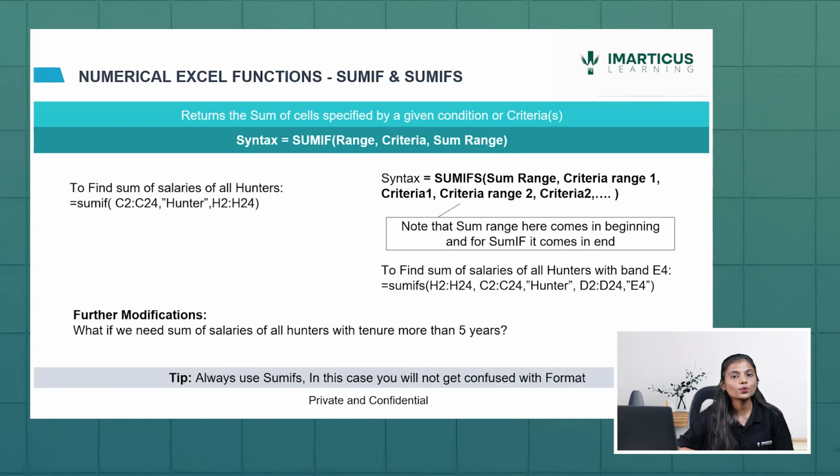Range is something from where I will calculate the values or find my criteria. So let's say I want to sum up the total number of hours for project 1. Definitely the project column would be selected as my range, because in that range of values I have criteria which I can fetch.